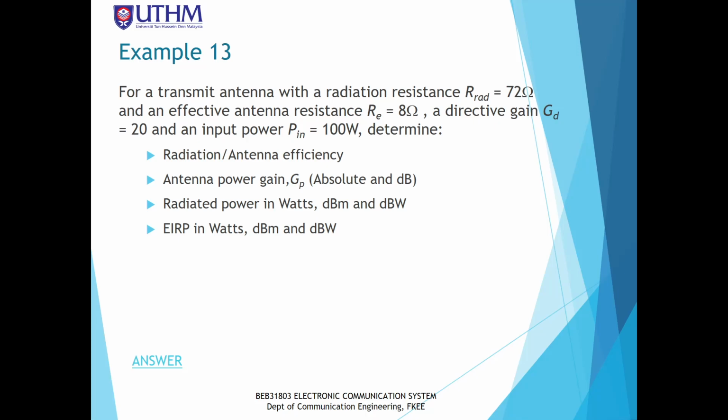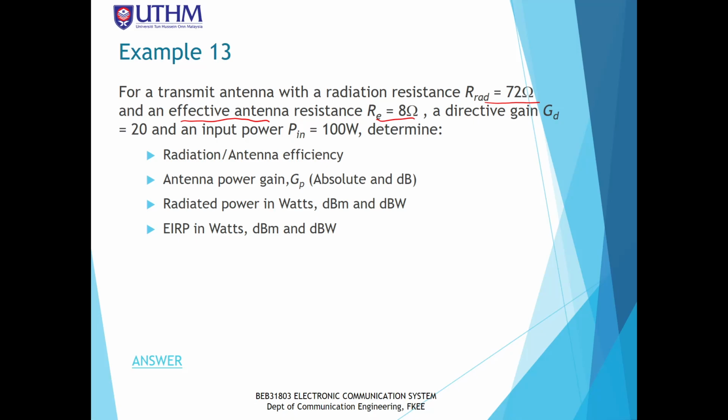Example 13. For a transmit antenna with a radiation resistance R radiation of 72 ohm and effective antenna resistance of 8 ohm. So what is this actually?